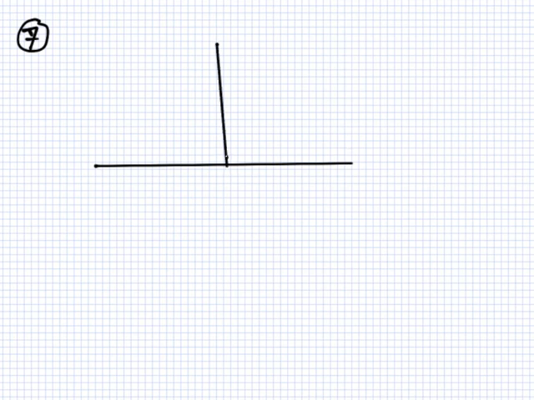A telephone pole has 2 wires attached to it. The first wire is 15 meters long, and the second one is 13 meters long. On the ground, what is the minimum distance between the pegs? So, the minimum distance between the pegs is if they're both on the same side.